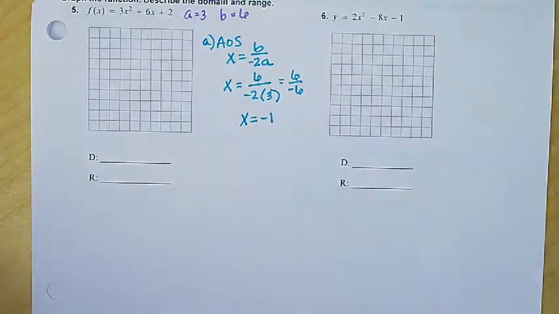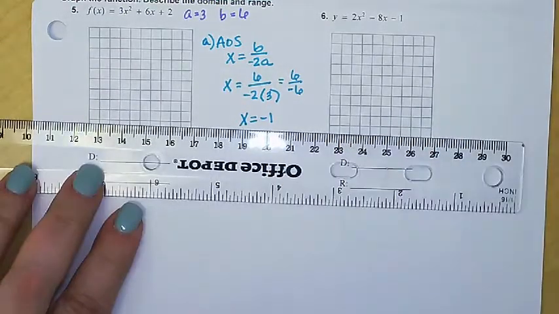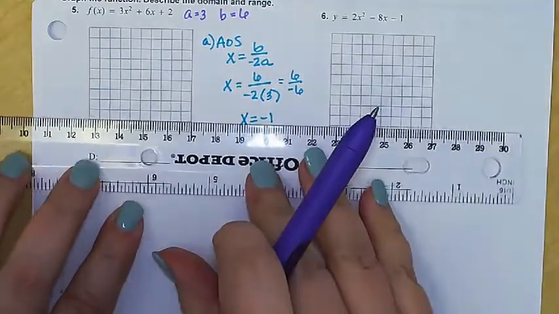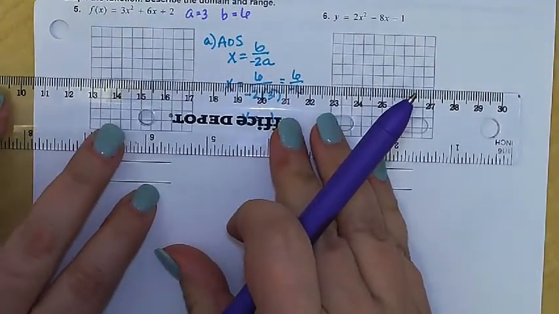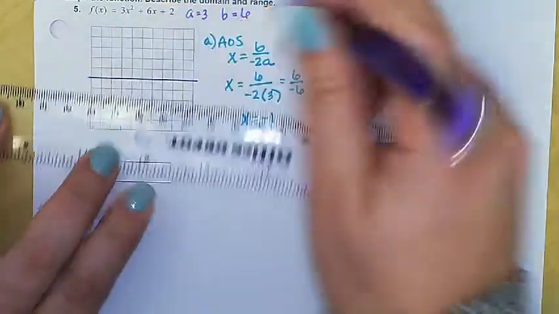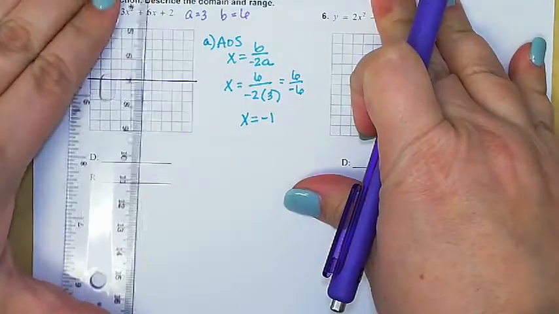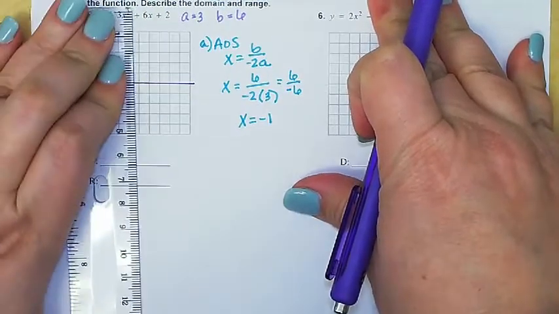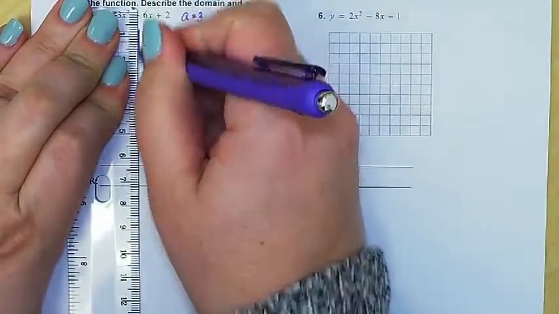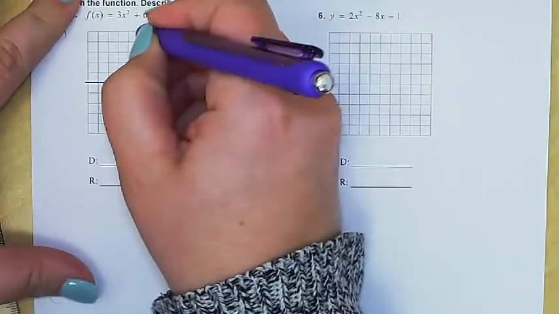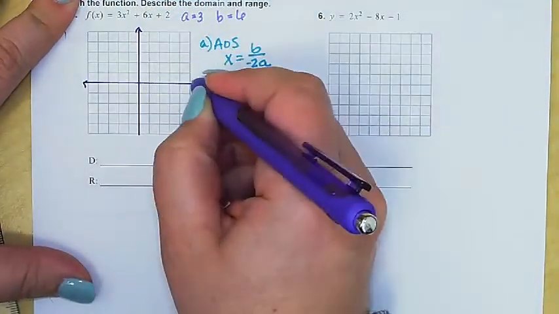So my axis of symmetry is at negative 1. Let's start to lay out what this is going to end up looking like. If I start graphing, I'm going to just chance it here and put my graph pretty much in the middle. So there's my axes.